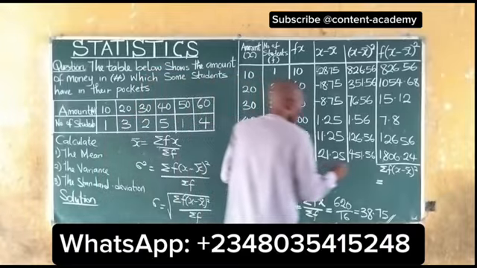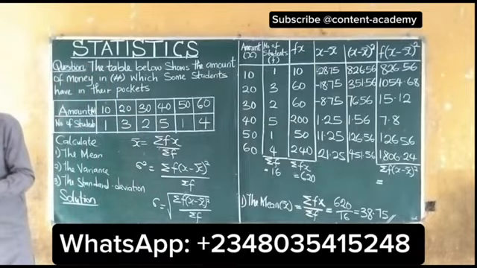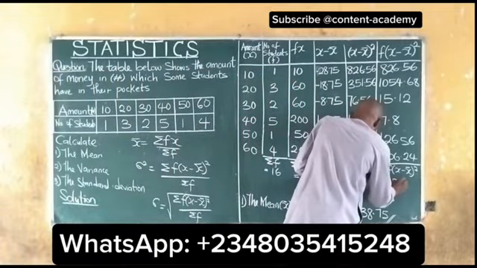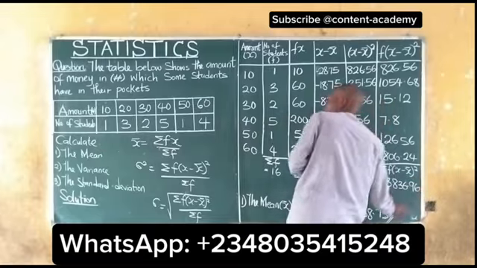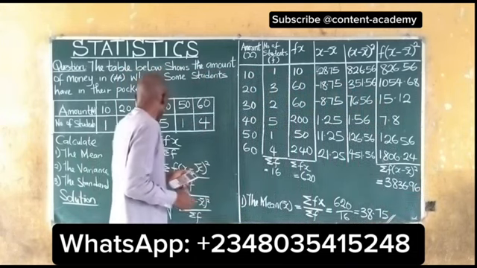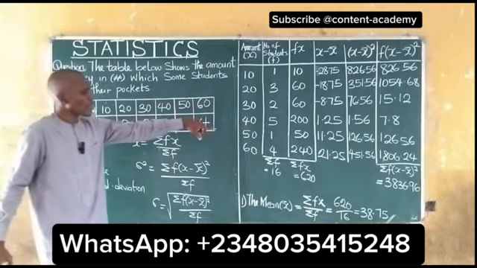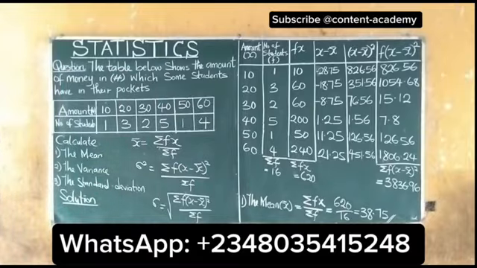So we have here 3836.96. That's what we have. Now we can calculate our variance and our standard deviation. So we have to clean this side of the board to do that. If we have gotten all those values, it will be very easy for us to calculate our variance and our standard deviation.